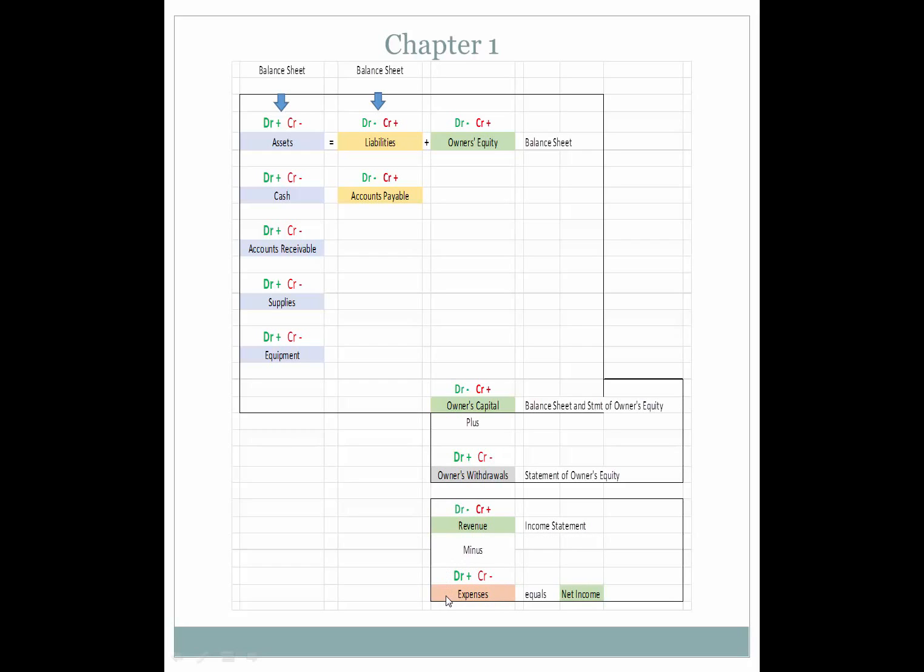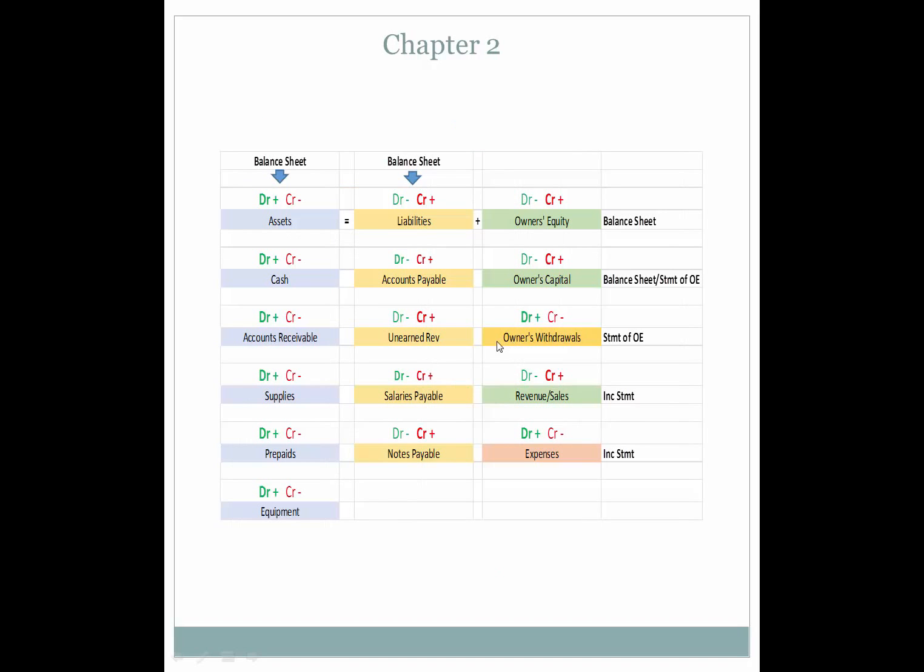Expenses increase with a debit, which has the effect of decreasing the credit-based owner's equity, and it is also only found on the income statement. So revenue minus expenses equals net income. Revenue and expenses are only found on the income statement. Owner's withdrawals are only found in the statement of owner's equity. Owner's capital is found both on the balance sheet and the statement of owner's equity.